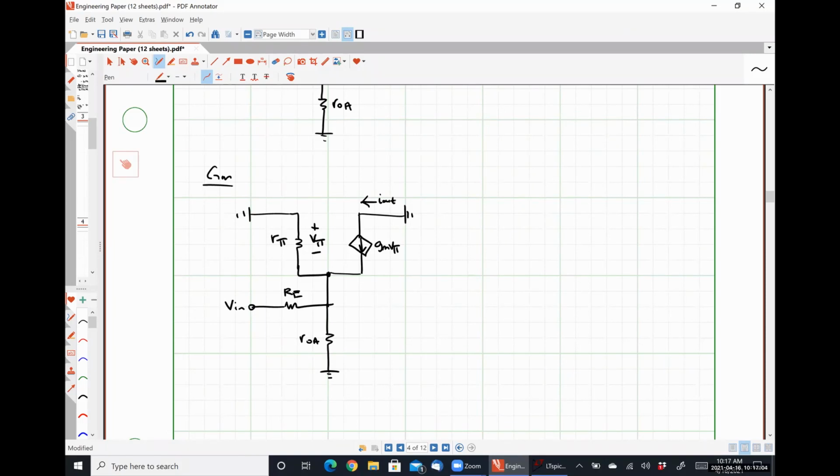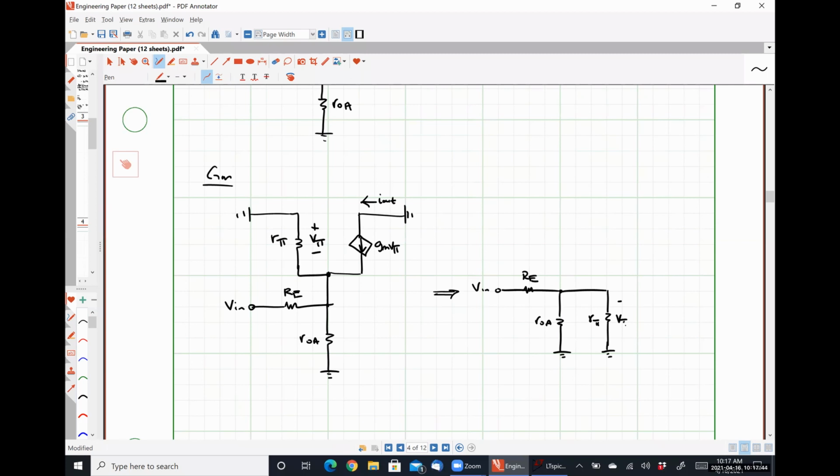I'm going to redraw this one more time real quick to make something else super obvious. Here is V in. Forgot to draw resistor RE. So here is this node. Here is R naught A. Here is R pi, and my negative polarity voltage is here.